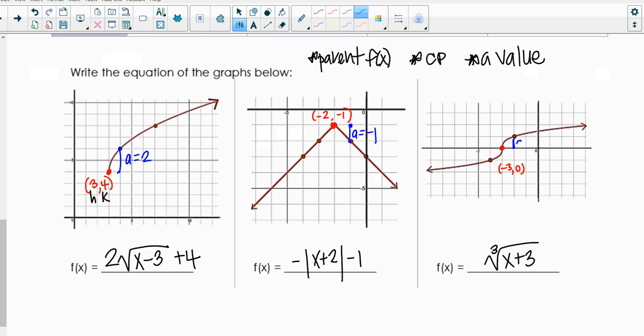So that means A is 1. So I don't need anything. So that is your whole graph, right? You would have a 1 there, but we don't write it. Cubed root of x plus 3 plus 0. So that's your graph. Okay, so that A value is always right 1, and then however far up or down you need to get to the graph from the right 1 is your A value.